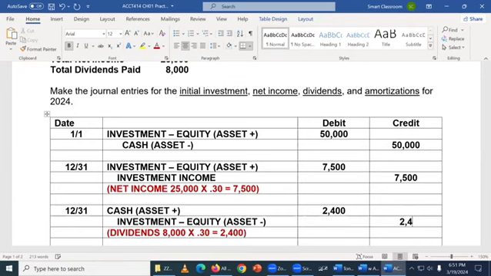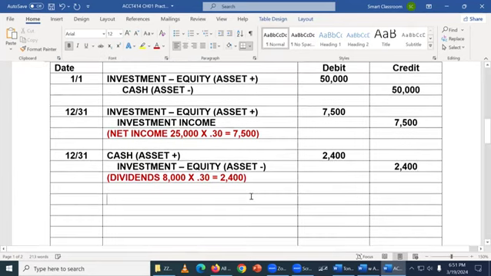Kind of like taking money out of a piggy bank. You take money out of a piggy bank, you get the cash out, but the piggy bank's not worth less.